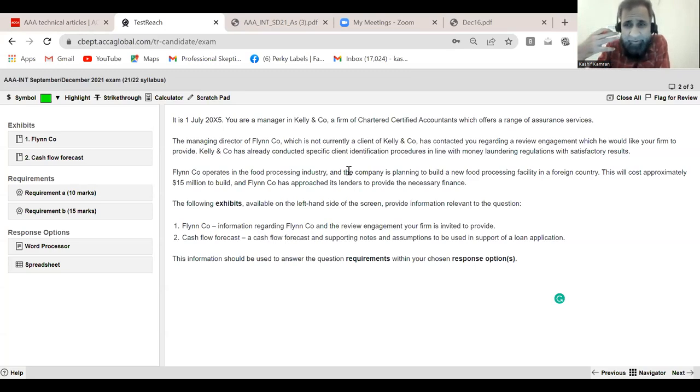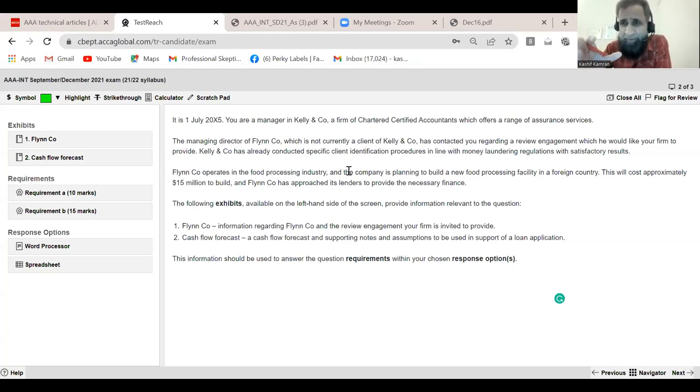So the examiner will ask you something from the audit reporting area and something from the completion area. Completion area means evidence. Completion area means subsequent events. Completion area means going concern. So the examiner might ask you something on going concern, subsequent events, or audit evidence in the working paper file, and reporting. So that's mandatory in section B.